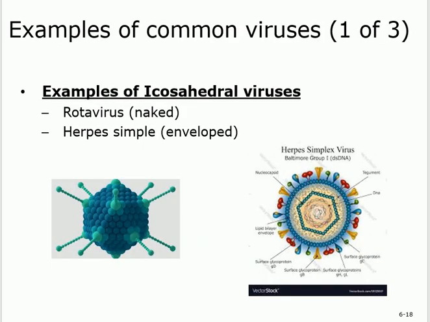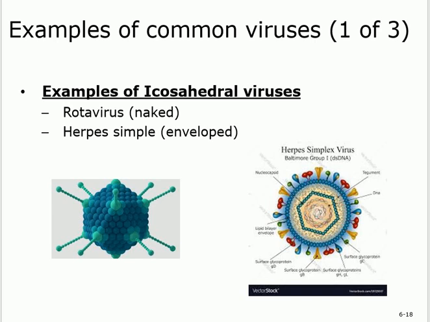These are just some examples. So some viruses will have, when you call it icosahedral virus, what are we talking about? Icosahedral is for the shape of what? Which part of the virus? The capsid, yes.